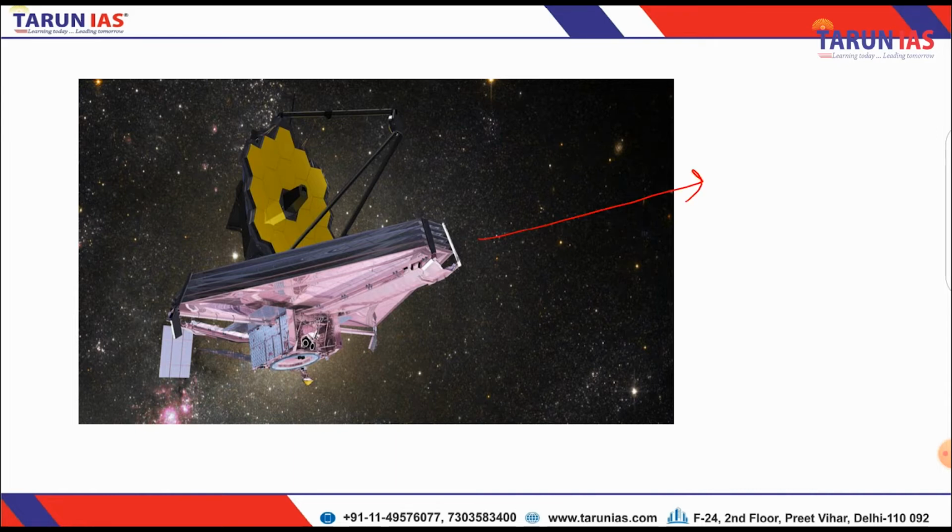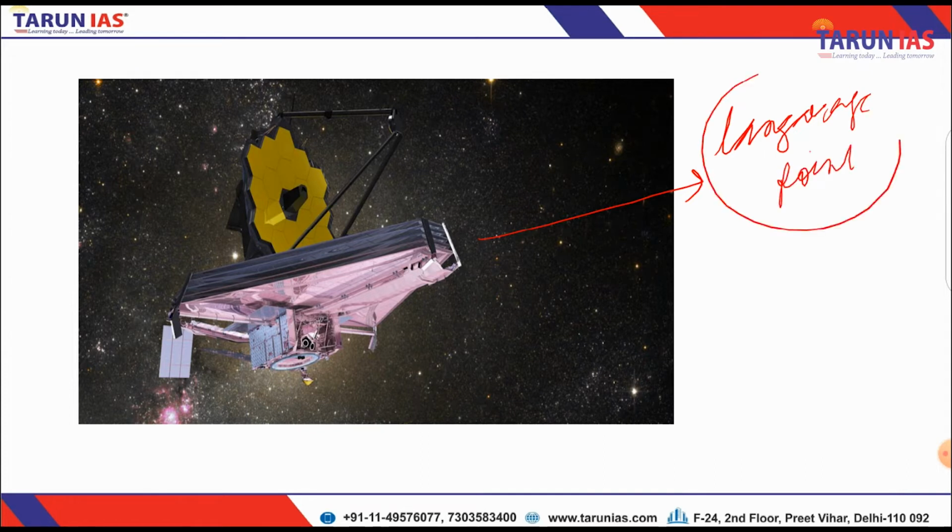The James Webb Telescope is located in the Lagrange point. Now what are these Lagrange points?